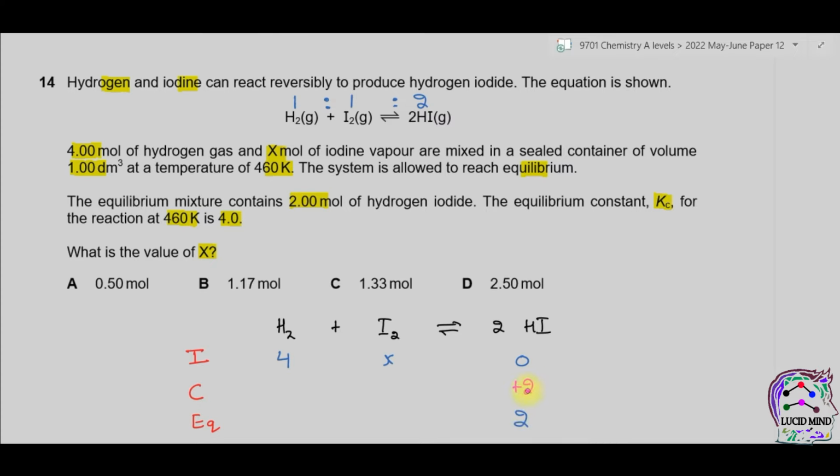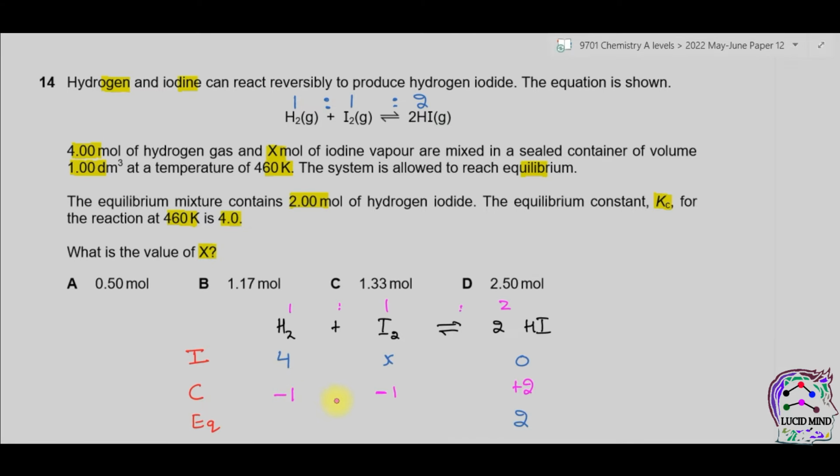Now as the ratio of moles is 1 to 1 to 2, the change will be relative. For 2 moles the change is 2, for 1 mole the change should be 1. So it is minus 1. Similarly for the other reactant.